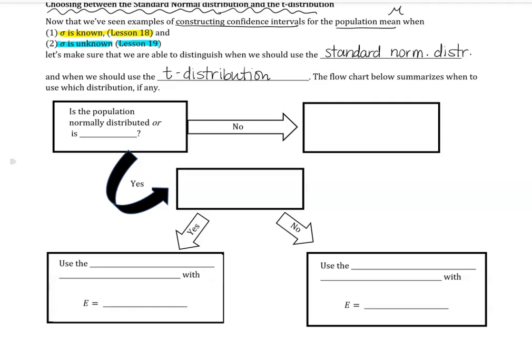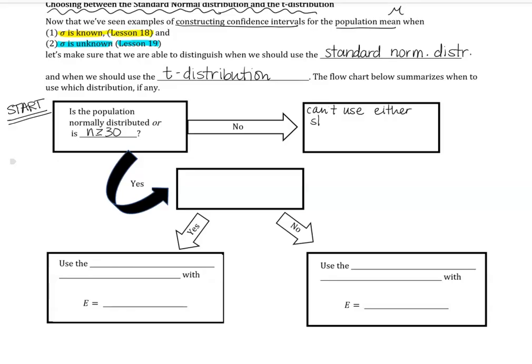So starting off in the upper left corner, the flow chart starts here. You have to always start off asking yourself, was the population normally distributed, or was the sample size greater than or equal to 30? If the answer to that question is no, you can't use either distribution.